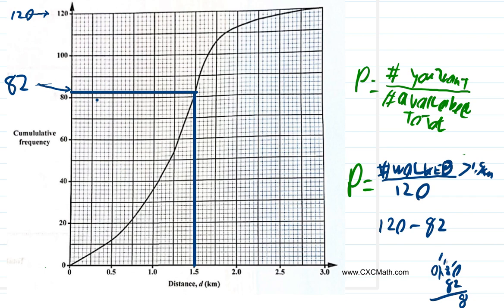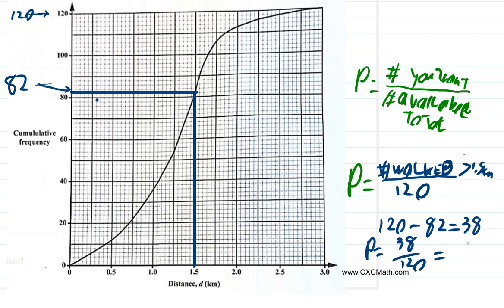This is 11. 8, 9, 10, 11. That's 38. Alright? 38 of them walked 1.5 kilometers or more.